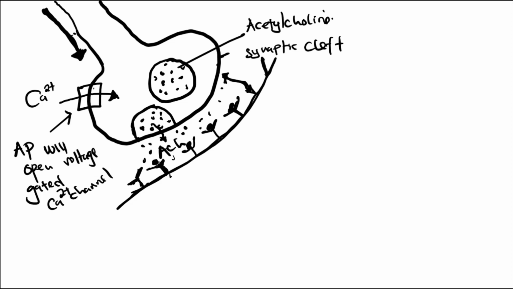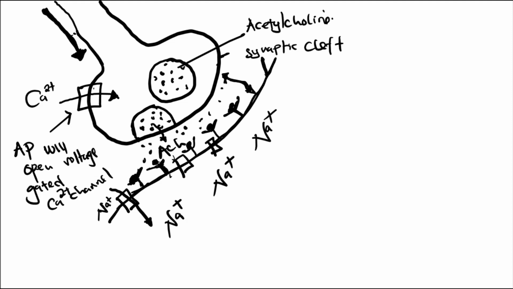When the acetylcholine binds the nicotinic receptors, ligand-gated sodium channels are going to open. So the sodium channels are going to open, and sodium is going to enter the muscle cell.